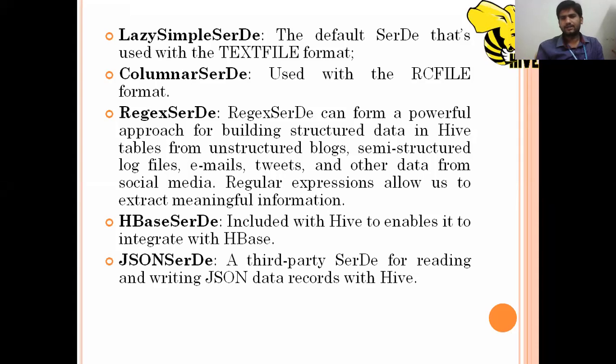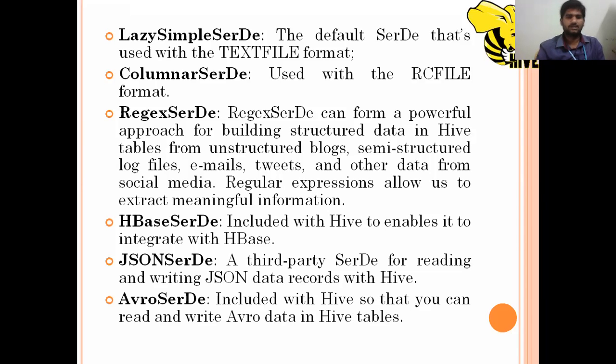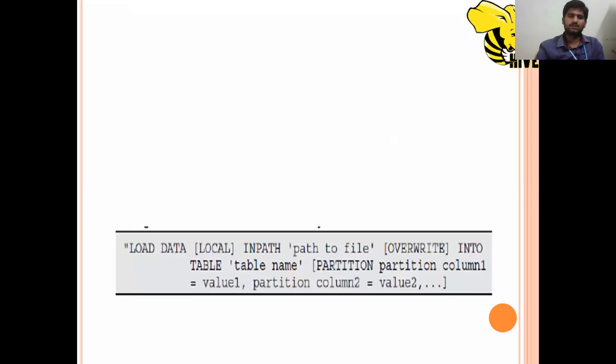The general format is a text format, so in order to overcome this text format, we use some third party tool like this. Another one is the Avro serializer deserializer, included with Hive so that we can read and write Avro data in Hive tables. So these are the various formats we are going to use.